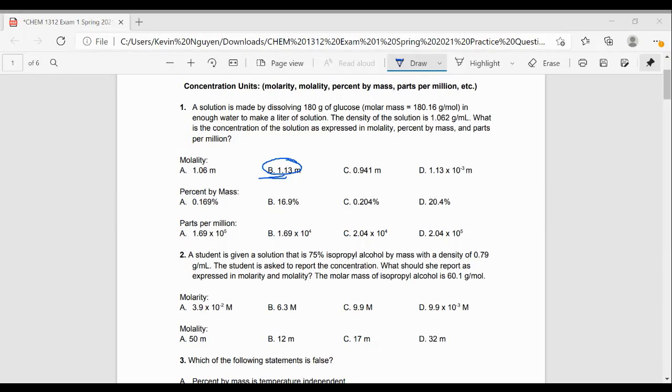Converting, we're asked for molarity. Molarity is moles of solute divided by liters of solution. So let's convert 75 grams of isopropyl alcohol into moles.